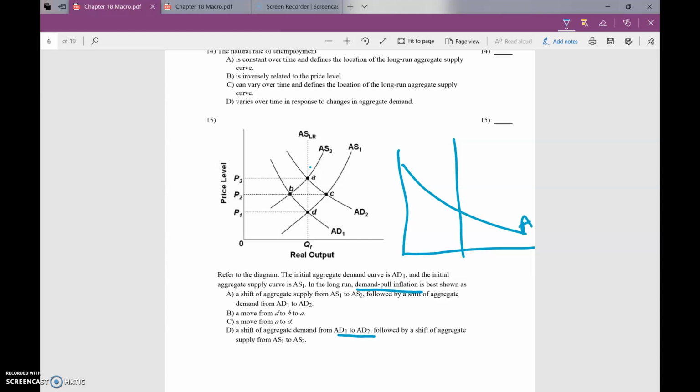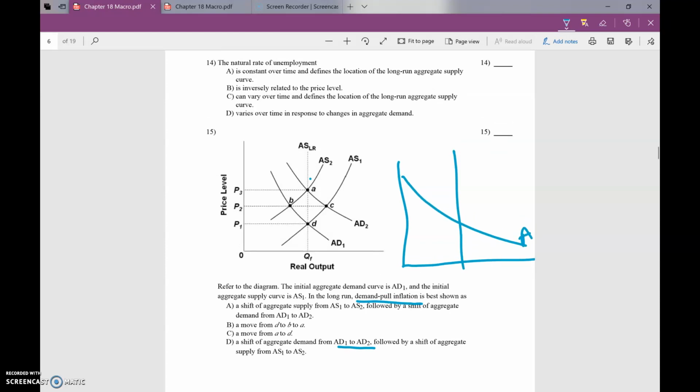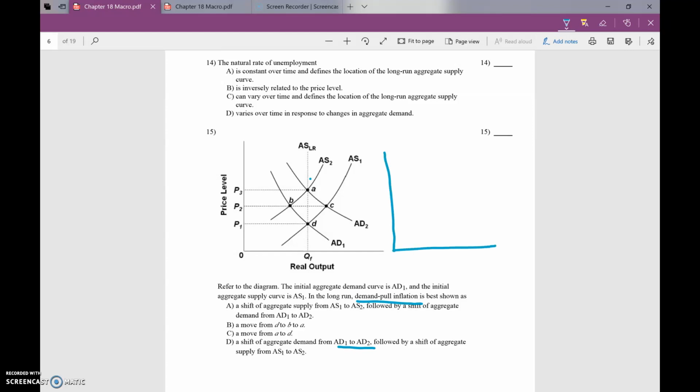So we have this aggregate supply curve. To show this using a graph like this one, demand pull is going to be when the aggregate demand curve shifts to the right.